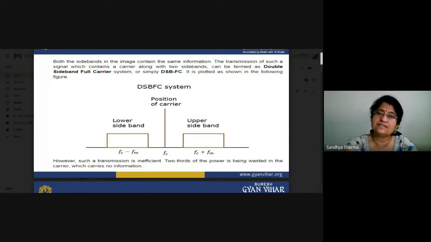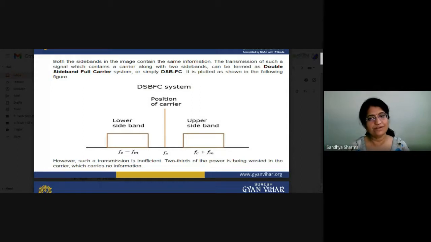So if we are working on the broadcasting system, we have to use the DSB plus C system, and with this type of system a very simple receiver, either with a diode or a simple resistor and capacitor, can be used. Everyone can purchase this type of low-cost antenna for receiving their signals. So this is the purpose for which we use it.